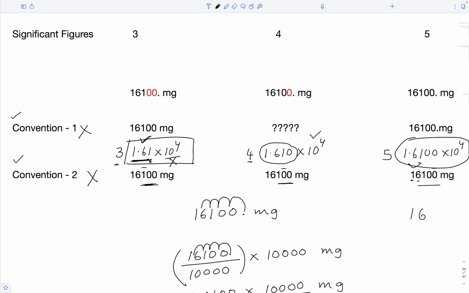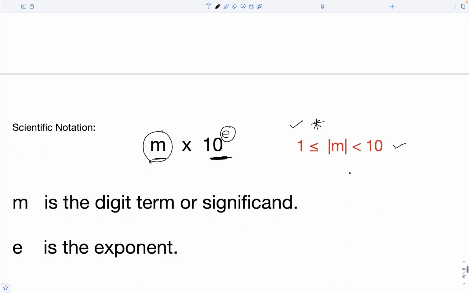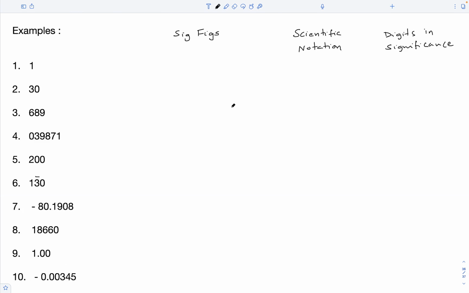Now with that, we can start working out some examples. Now let us work out some examples. Let us write some measurements in scientific notation to convey the number of significant figures without any confusion and without needing any convention.